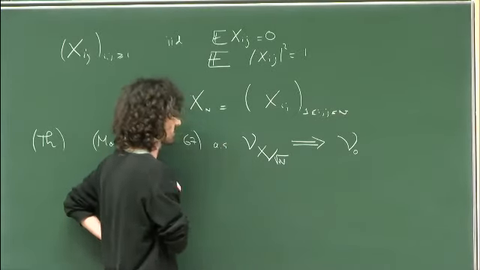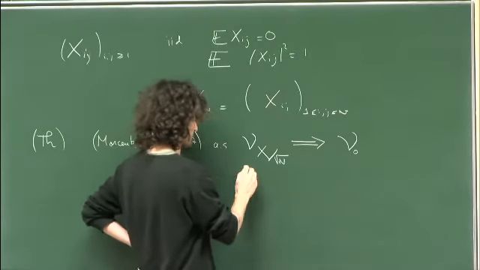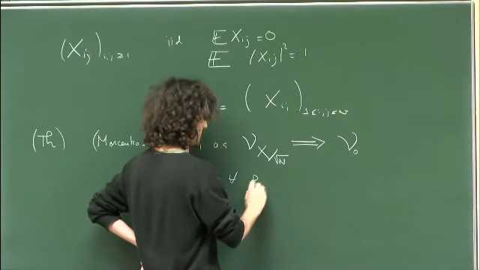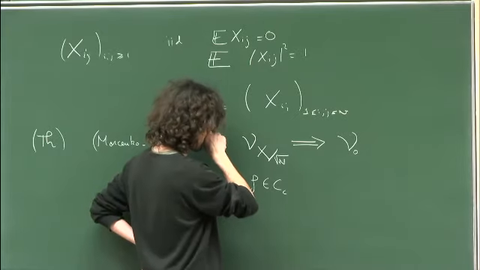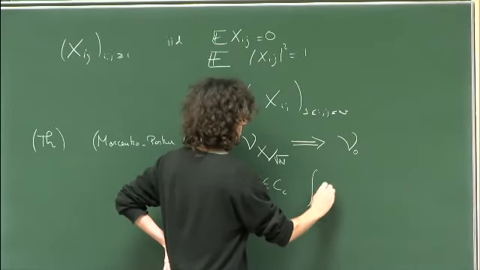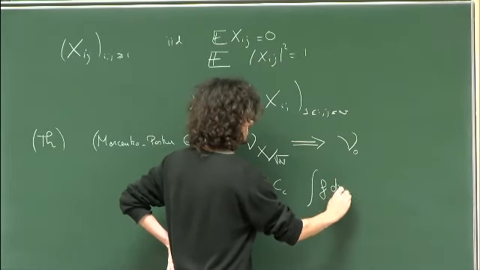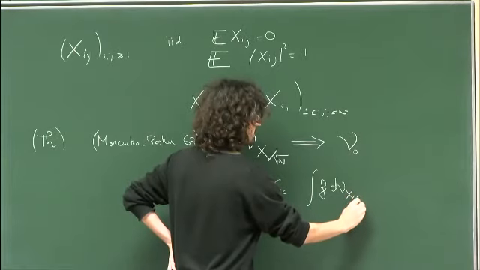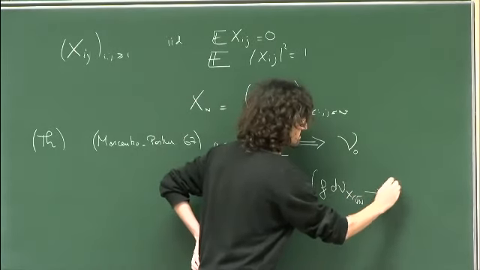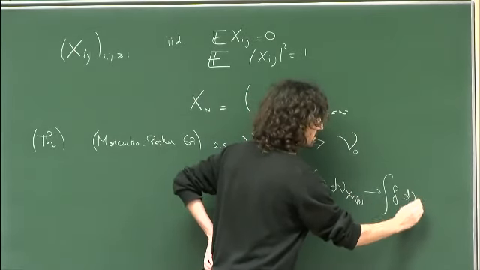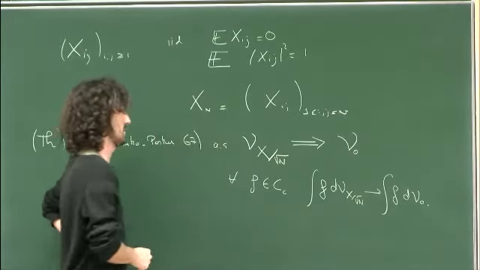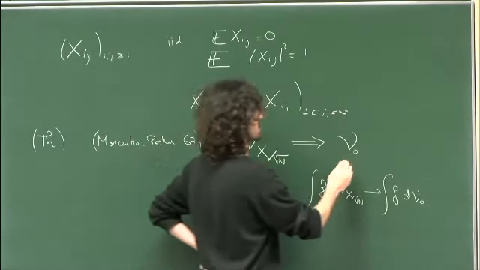So for those who are not very familiar to probability, just say that if you take any continuous function with compact support, for example, the integral of f d mu of x square root of n converge to the integral of f. Okay, and this has an explicit expression.